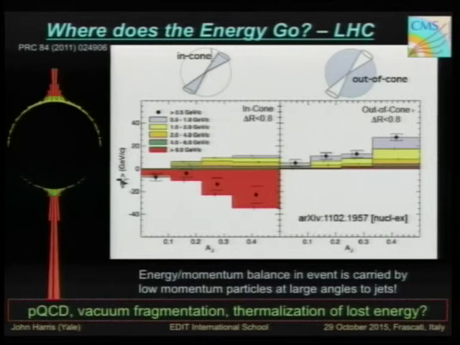So there's some balance, but the composition of the jets appears to change. And if you go outside the cone, outside of these jet cones here, if you look at this kind of hash around the circle, you see that, in fact, you get a lot of low momentum particles outside of the jet cone on the away side.